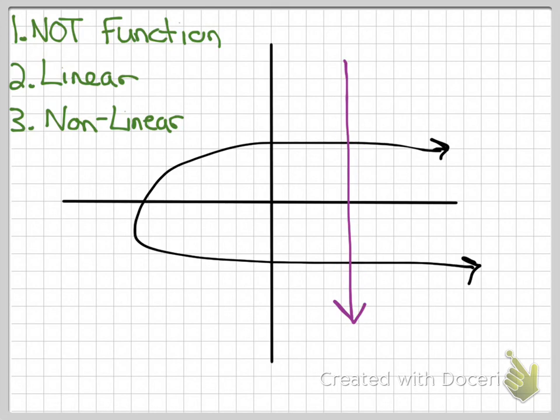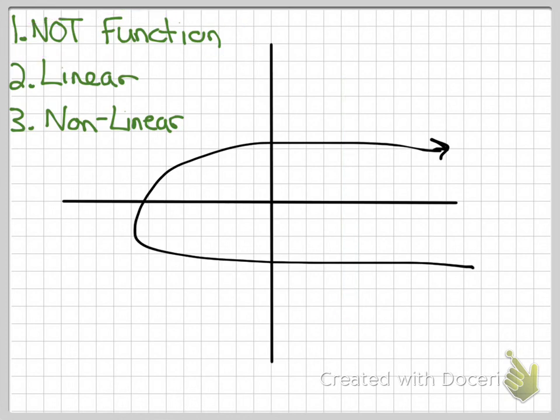So this does not follow the rules of a function. It has to be able to pass the vertical line test where it only intersects one time. Because this one intersects 2 times, it is not a function. You're going to have a question like this on your homework tonight. Okay? So horizontal like this, not a function because there are 2 intersecting points.